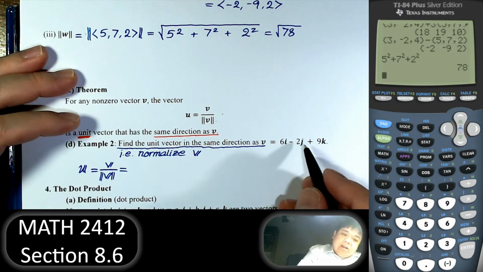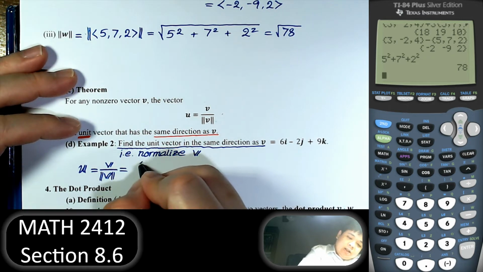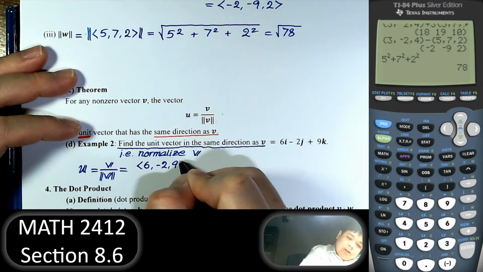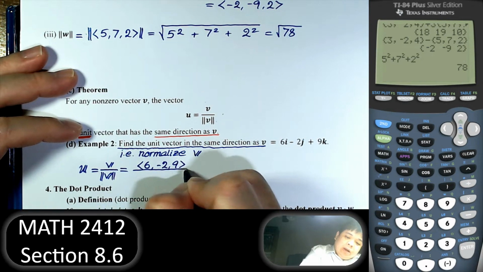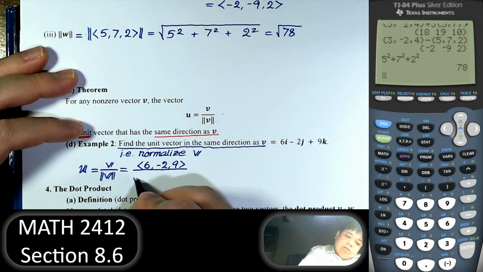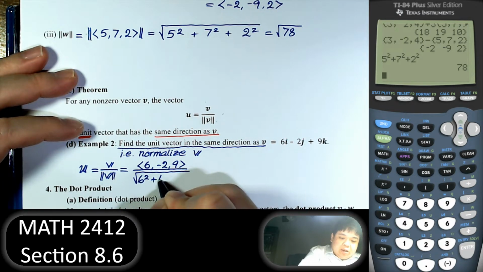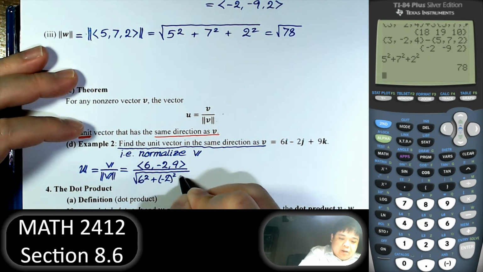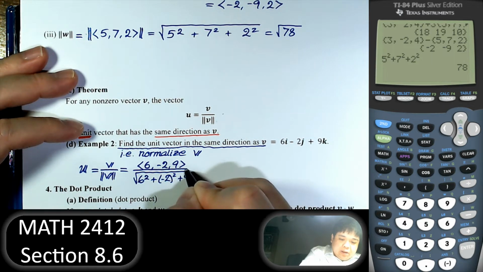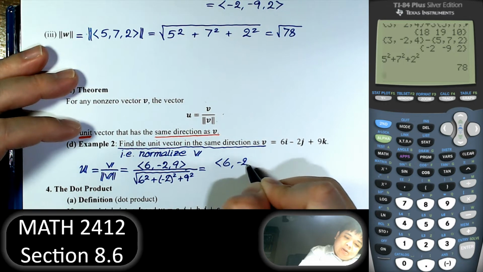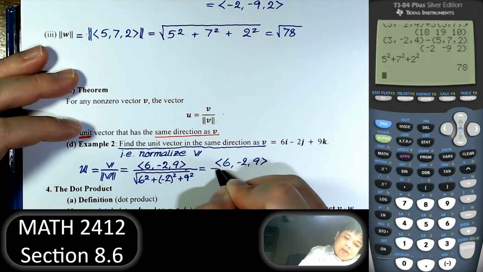So we have the vector 6, -2, and 9. The magnitude of that, by the Pythagorean theorem, is the square root of 6 squared plus -2 squared plus 9 squared. We still have 6, -2, and 9 on the top.